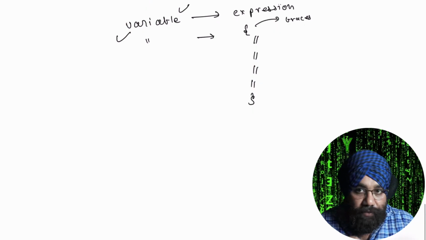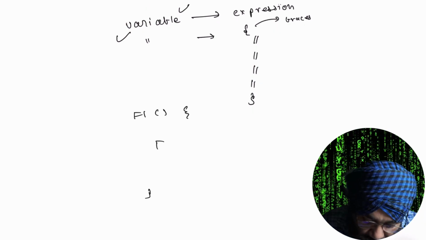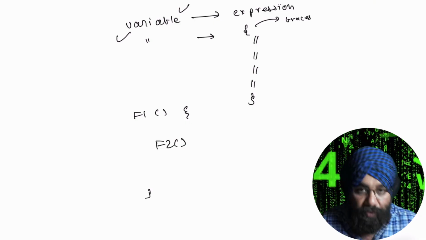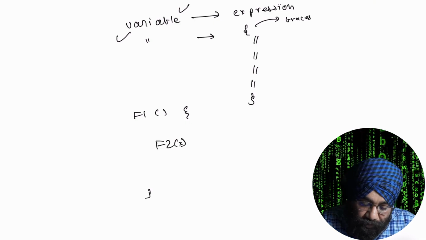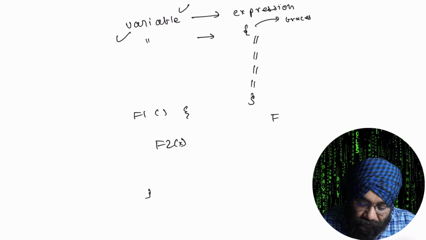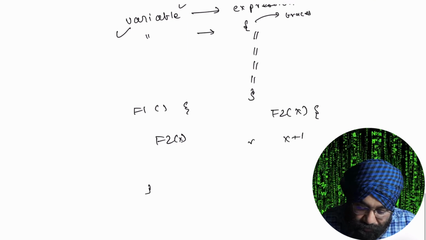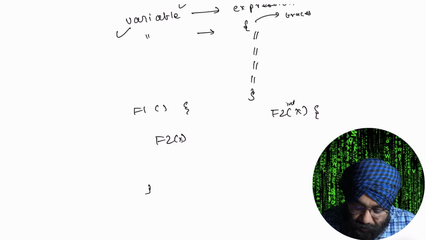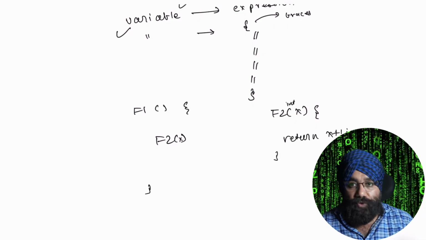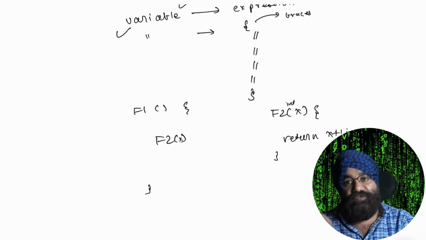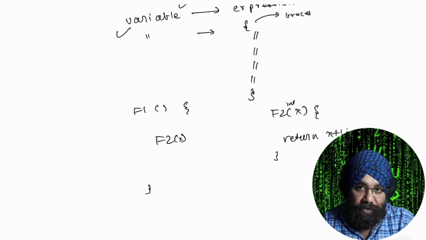What is the benefit? Suppose you have a function f1. In this, you are calling another function f2. f2 is taking an input x, and f2 is simply doing x plus 1. So this is integer x, and it is returning x plus 1. So you have the definition of the function at one place and you are calling that function at another place.